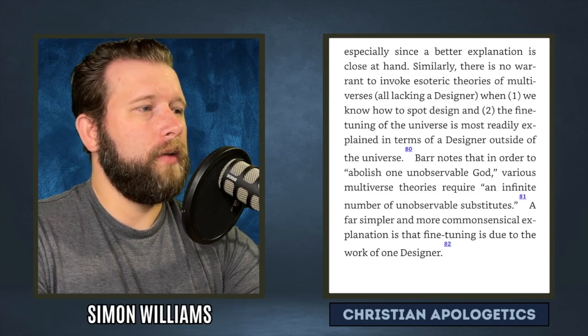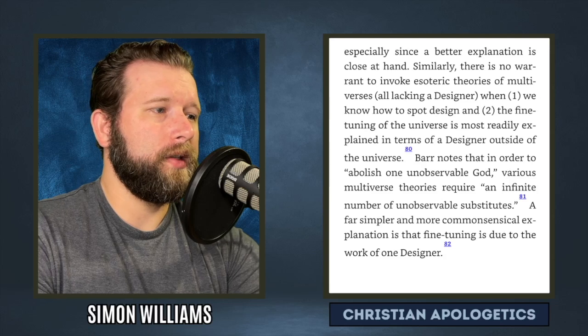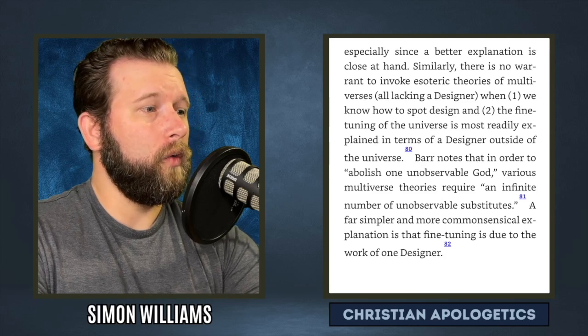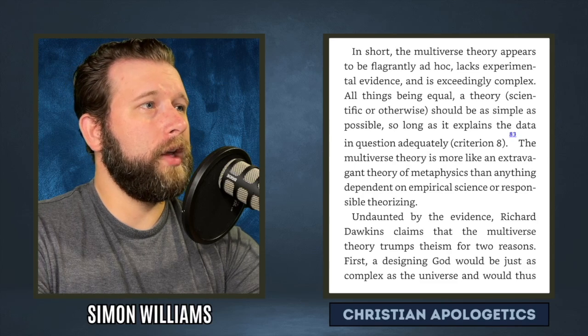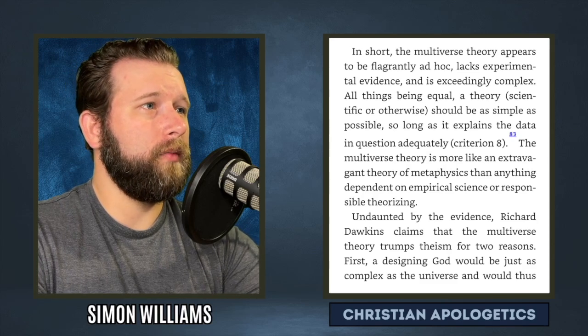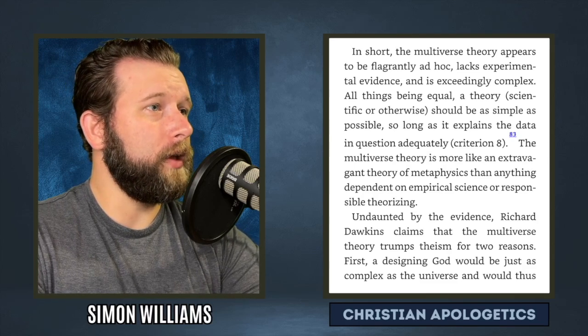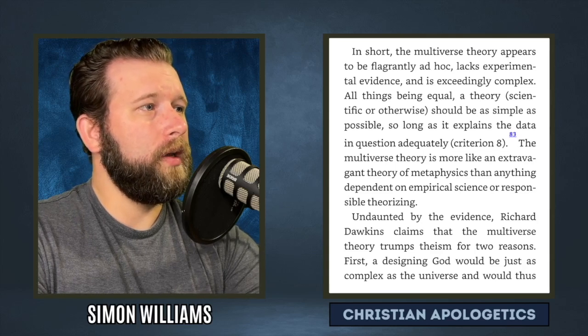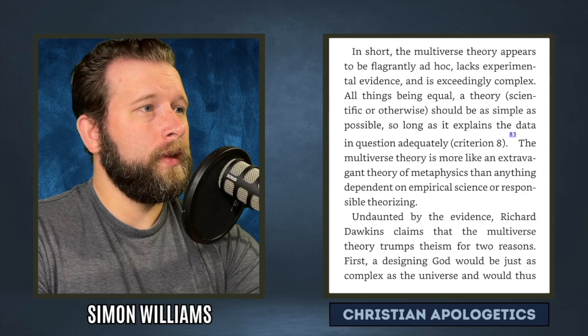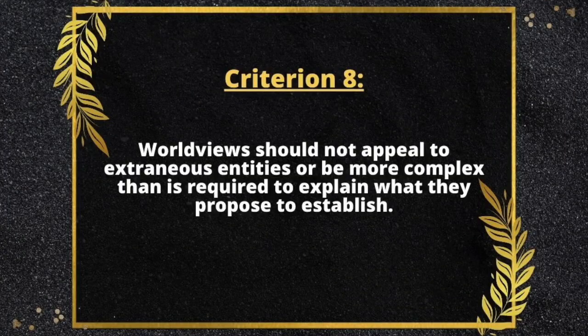A far simpler and more commonsensical explanation is that fine-tuning is due to the work of one designer. In short, the multiverse theory appears to be flagrantly ad hoc, lacks experimental evidence, and is exceedingly complex. All things being equal, a theory, scientific or otherwise, would be as simple as possible, so long as it explains the data in question adequately.